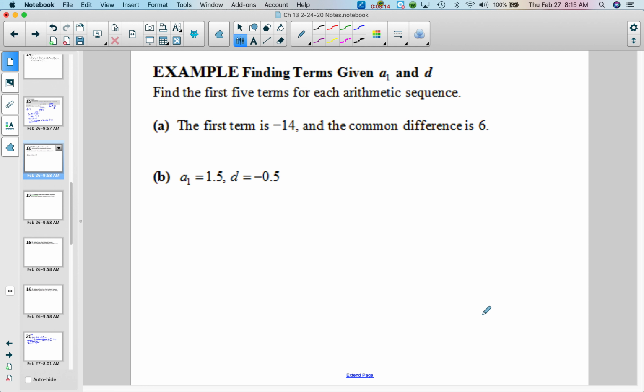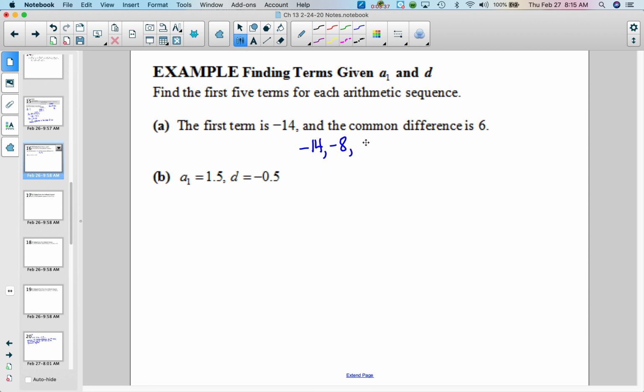On this next example, we are asked to find the first 5 terms for each arithmetic sequence. So we've got 2 different problems here we're looking at. So if the first term is -14 and the common difference is 6, then we're just going to have -14. And if you add 6 to that, you get -8.